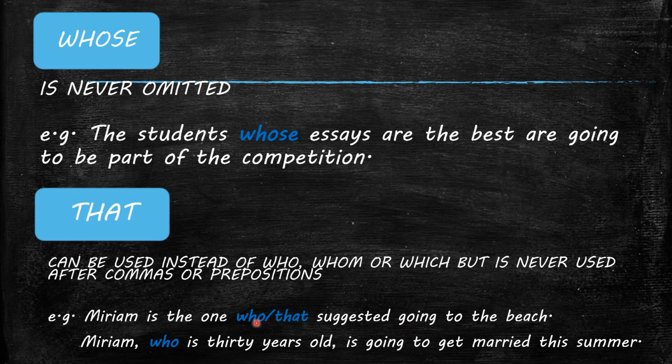As we see, there are no commas in here, and we can use either who or that. Miriam, who is 30 years old, is going to get married this summer. As we see, there are commas, and there is a comma before who. In this case, I can't use that. That is not used after commas or prepositions.